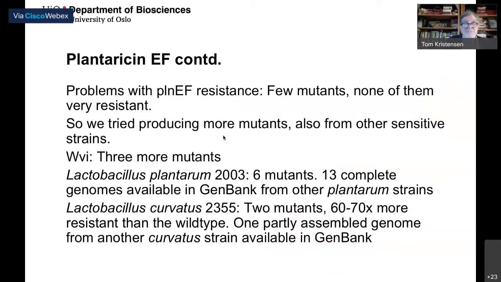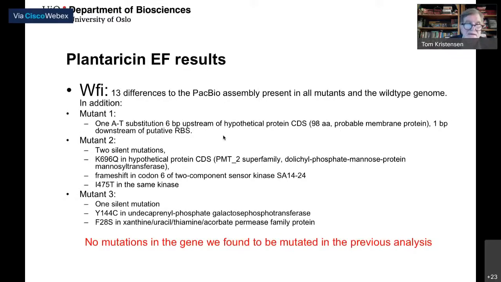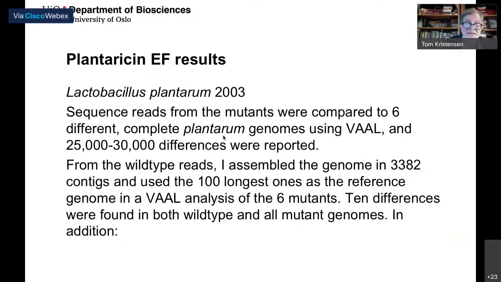So to sum up the experiments with plantaricin EF resistance, we had few mutants and none of them very resistant. So we tried to produce more mutants by looking at other sensitive strains and seeing if we could pick anything from them. I won't go through the results here because we were actually not able to conclude anything at all from these.